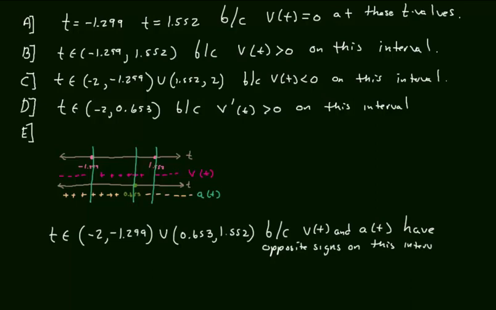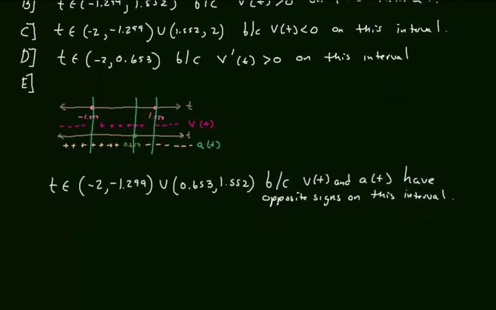That is not enough to just say the general. I want you to be very specific, and sometimes people hate me because of this. I'm sorry, but I want you to be very specific. We're going to say, I'll use a little bullet or such, on the interval -2 to -1.299, we'll say that v of t was less than 0 and a of t was greater than 0. Please make sure you put these bullets and be very specific.